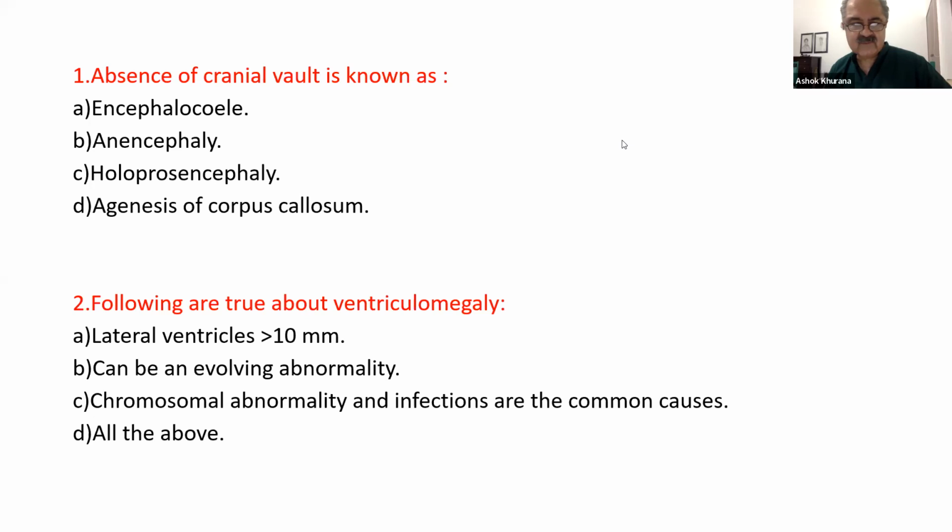In both conditions the cranial vault is just not there. The amniotic fluid wears off the entire brain, so usually when we see these patients at the anomaly scan at 20 weeks, we don't see any brain tissue at all.